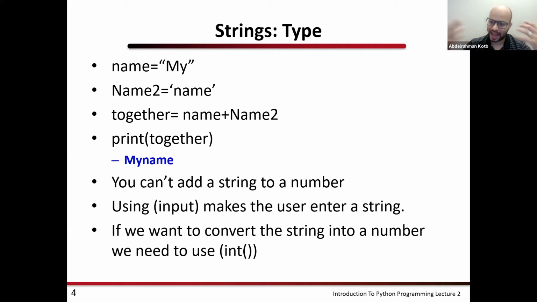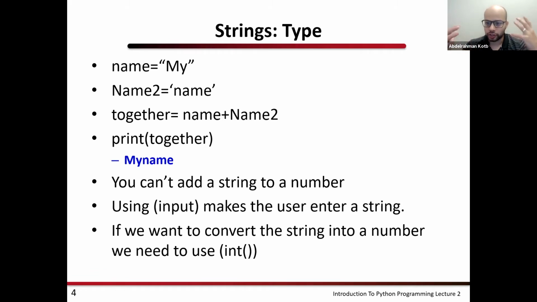Last time we talked about adding or multiplication of different integers and float numbers, and we realized Python understands when we have a number and we're trying to add it, multiply it, divide it. So 2 plus 2 is 4, 6 times 5 is 30, and so on.